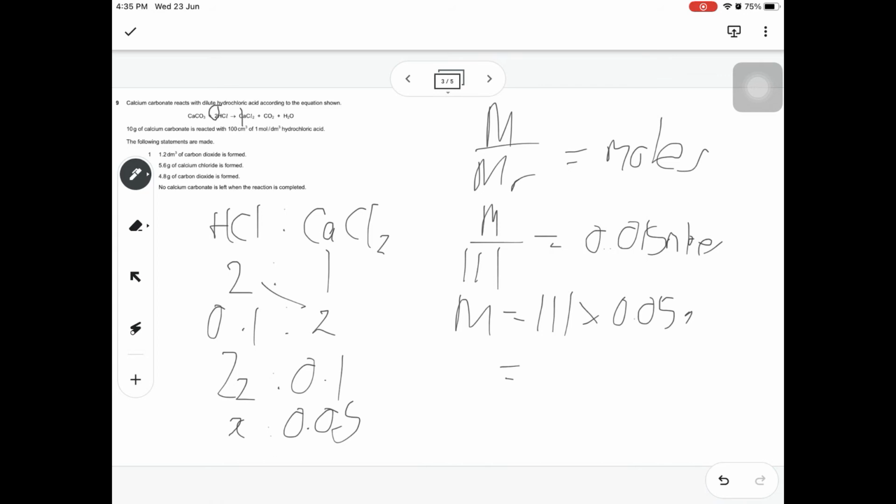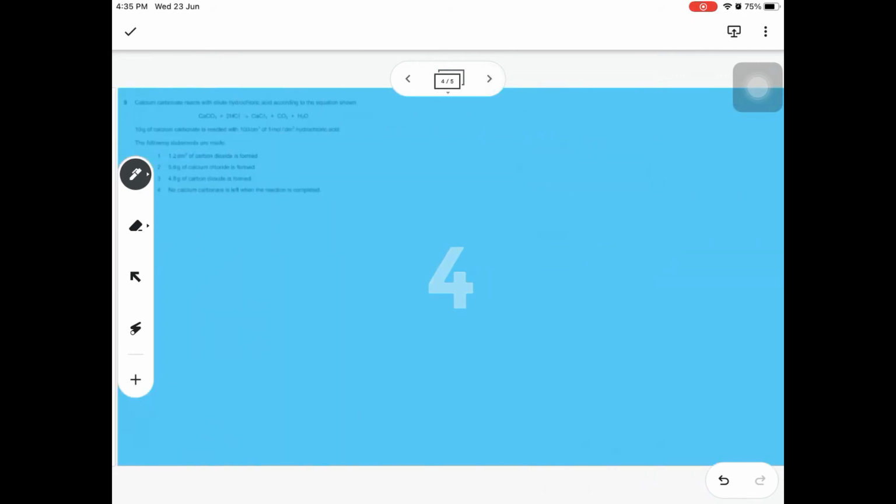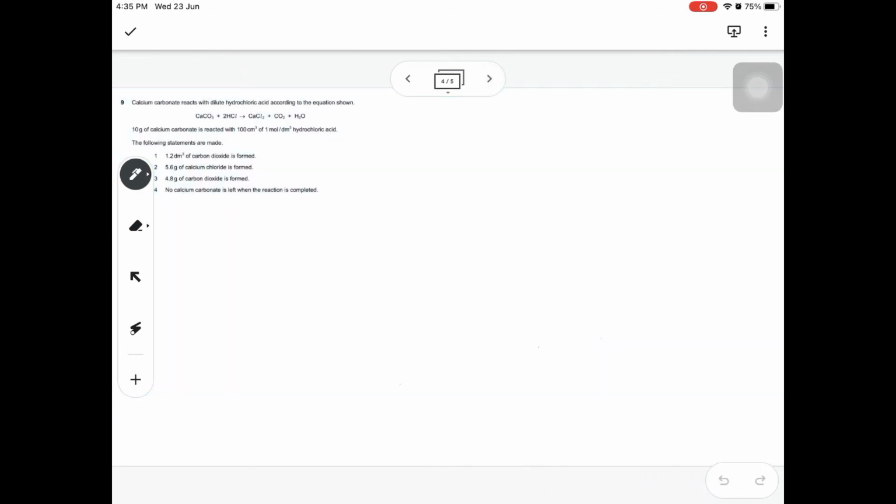And to find the mass, just take 0.05 moles of calcium chloride times the relative molecular mass of 111. The final answer you get is 5.55 gram. And then here you round up to one decimal place, so we'll get 5.6 gram. So the first statement and the second statement both are correct.